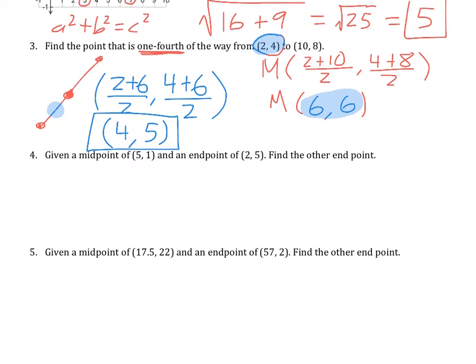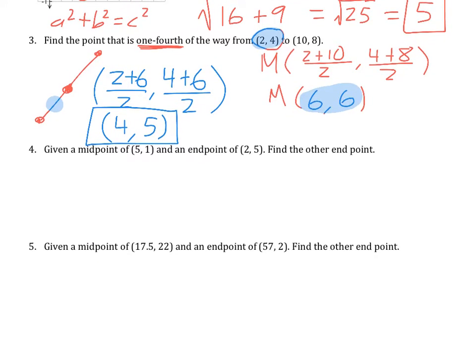Okay, on number 4, we're working backwards. We have the midpoint and we have one of the endpoints, but we don't know the other endpoint. So the other endpoint, let's call it x, y.